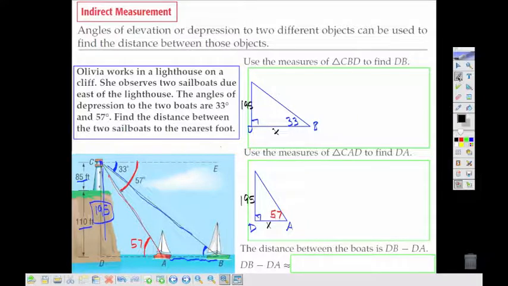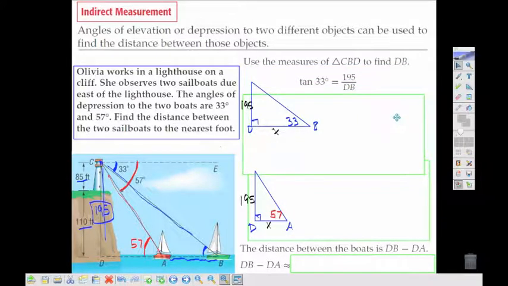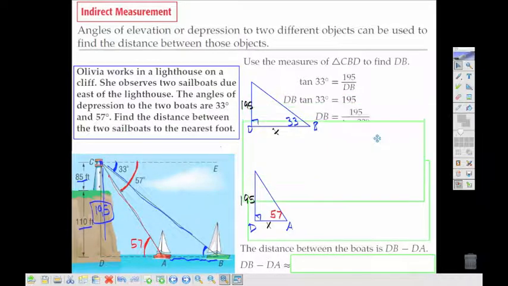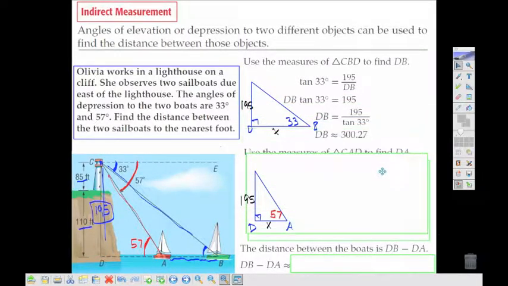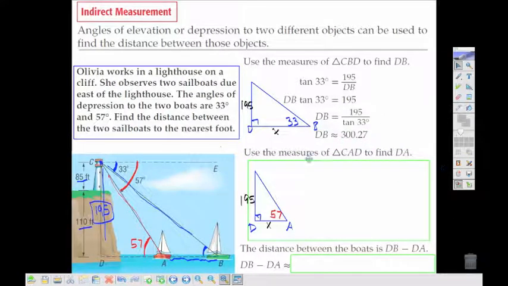And so I can use tangent in each one of these problems in order to solve this. The first one, setting this up, would be the opposite, 195 over DB here. And using that tangent of 33, we come to 300.27. They keep a couple decimals because they want to keep it accurate for later.